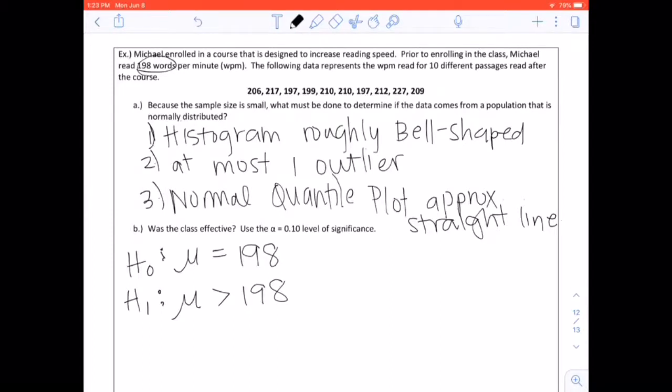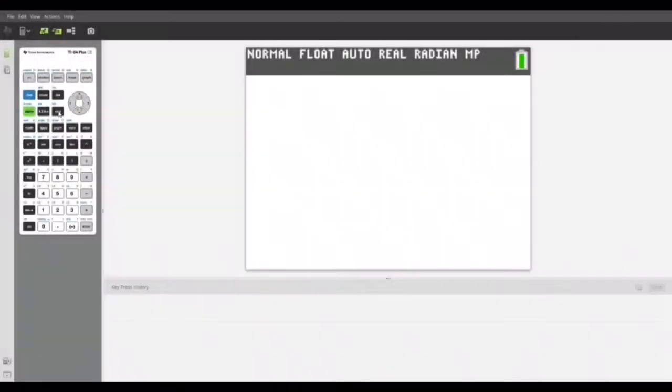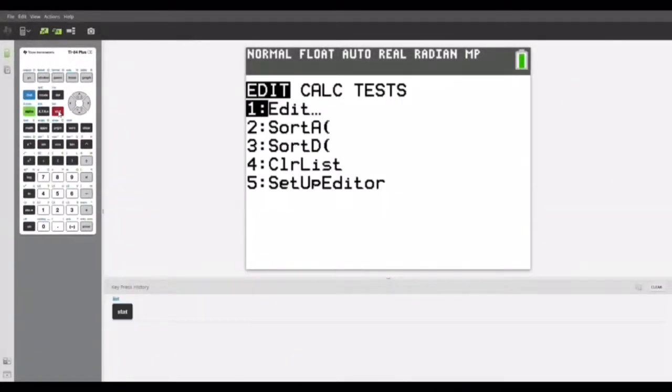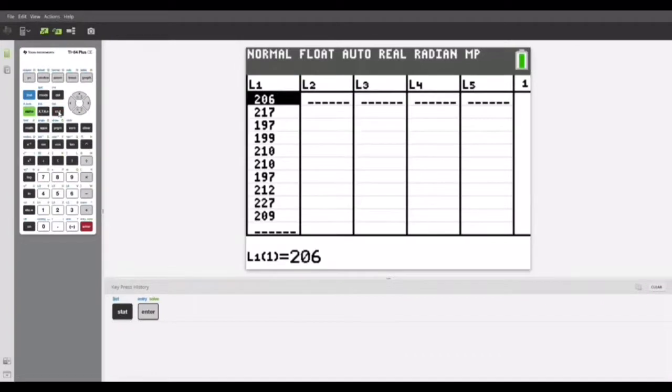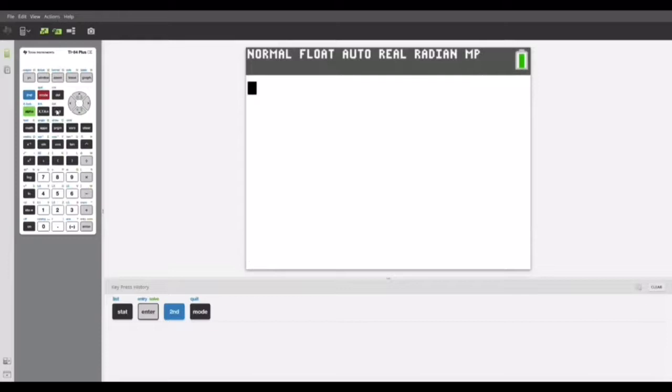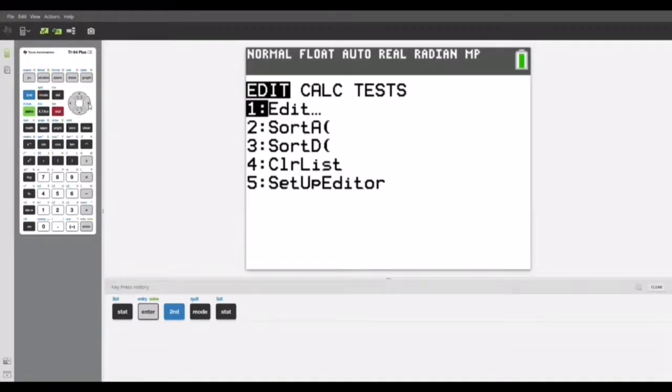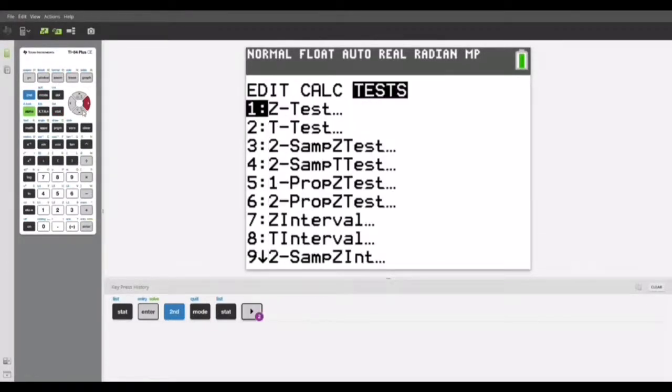In order to do this problem, we have to take a moment to enter all of our numbers into L1 and then run our test. On your calculator, we're going to go to Stat, Edit, and enter all the numbers into L1. And then we go Stat to Test, down to T-Test, select Enter.